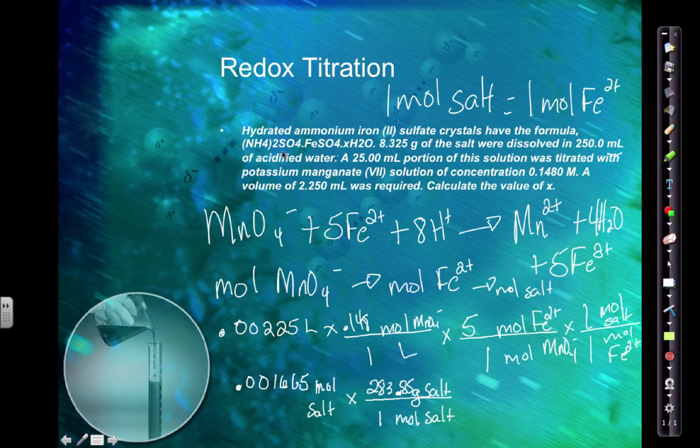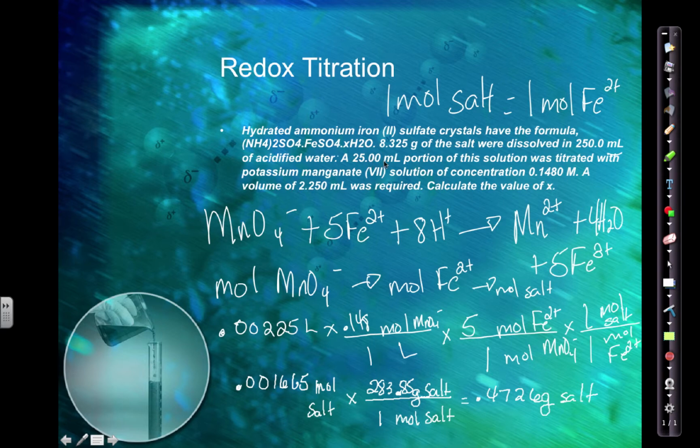So it's 2 ammoniums and 2 sulfates and 1 iron. Alright, so now once I get that, I have 0.4726 grams of salt. But you need to be careful here, because if you read the question, it says that this was dissolved into 250 milliliters of water, but you did not use all 250.